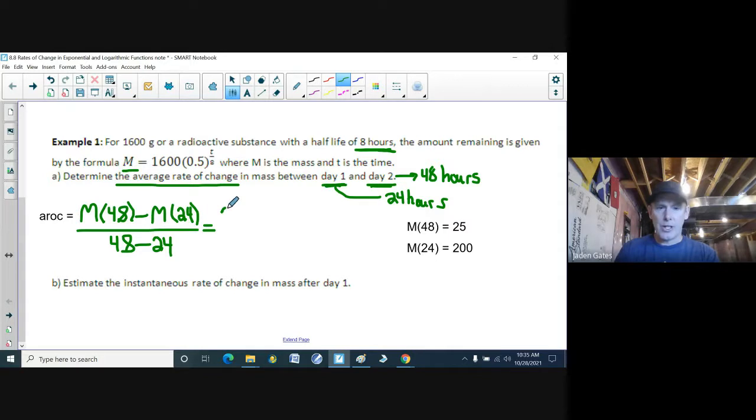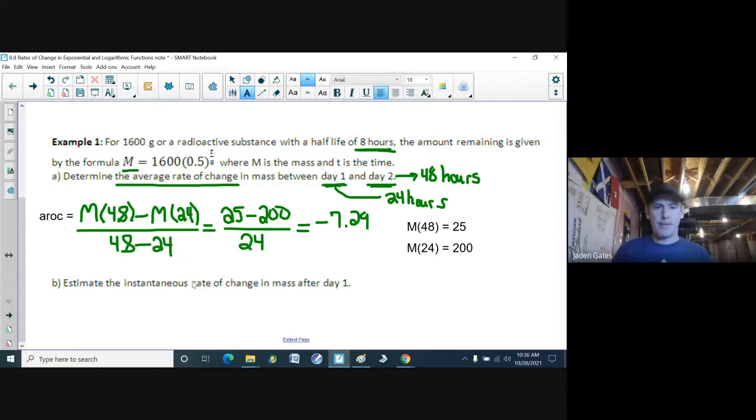So I've got 25 minus 200. And then in the bottom, 48 minus 24 is 24. All right, so I take my 25, minus 200, and then I divide by 24, and I get negative, which I knew was going to happen, 7.29.